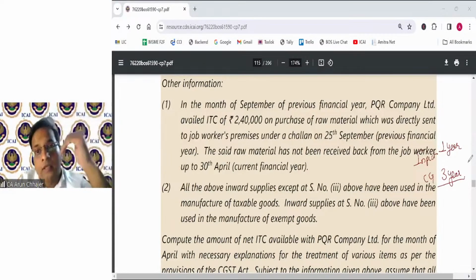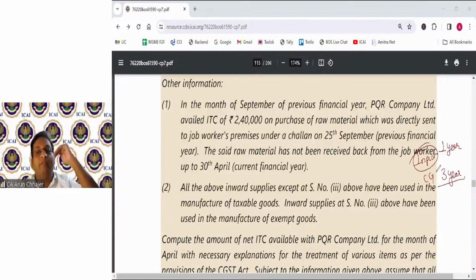Come back means, because it has been sent to the job worker, the job worker should return this input within 1 year or capital goods within 3 years. And now there is a proviso which talks about 1 more year of extension that can be taken from the commissioner, and in case of the capital goods, 2 more years of extension can be taken.